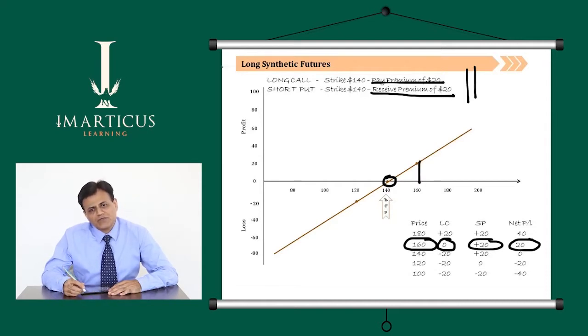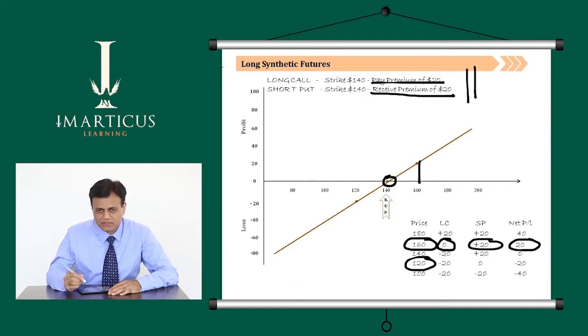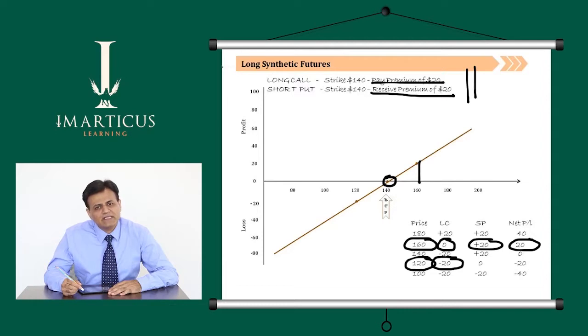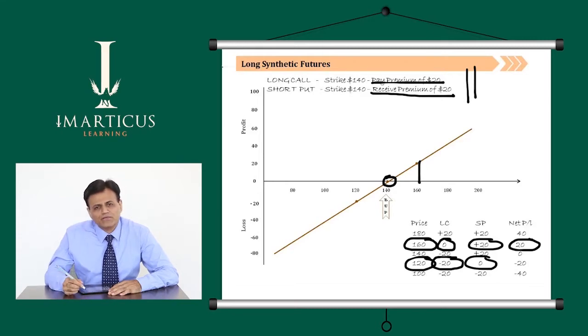If the prices were to fall, let's say to $120, we would lose the call premium that we have paid, and hence the long call will be a minus $20. The put will, however, yield no profit or loss, given that the break-even point of the put would be $120 anyway.